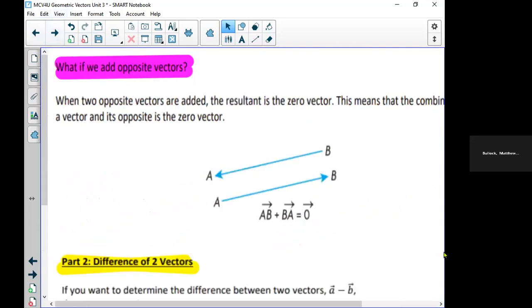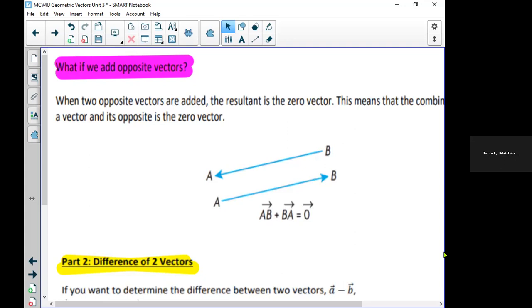Okay, what if we add opposite vectors? When two opposite vectors are added, you still have a resultant, but it has a special name. We call it the zero vector. This means that the combination of a vector and its opposite will always result in the zero vector. Look at the diagram: we've got two vectors that are the opposites of each other.